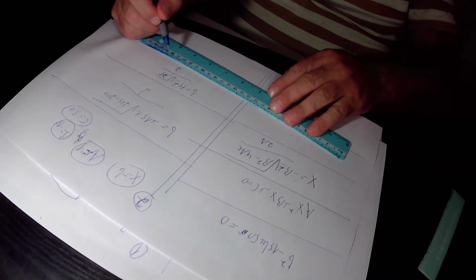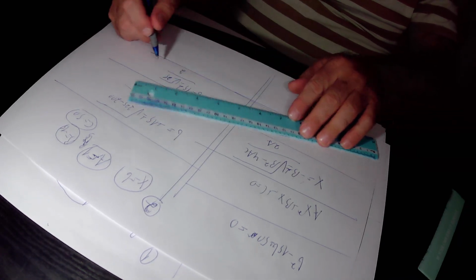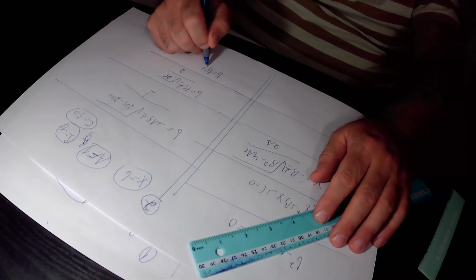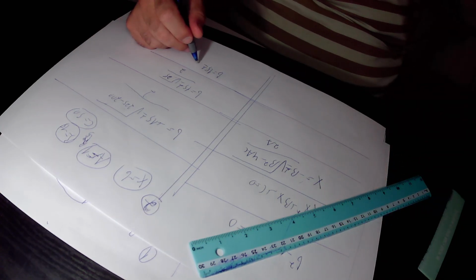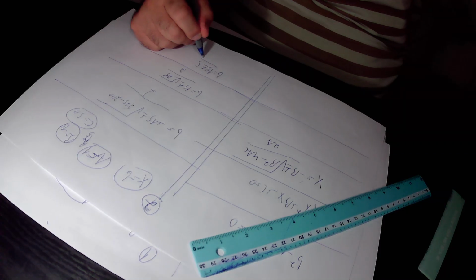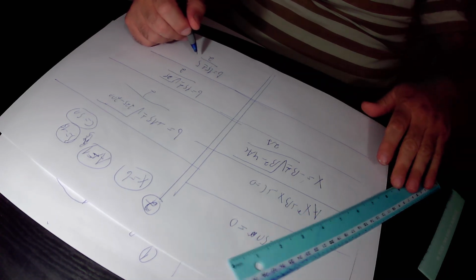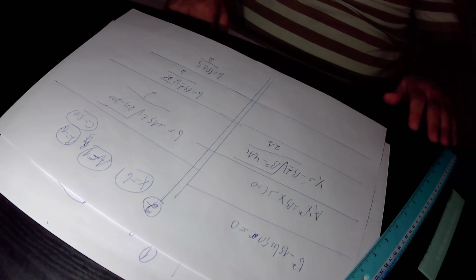So b equals 15 plus minus the square root of 25, which is 5, over 2. So here we have two solutions that are possible for b.